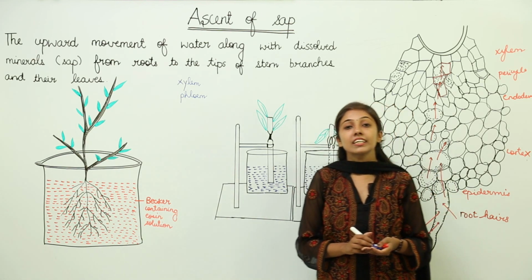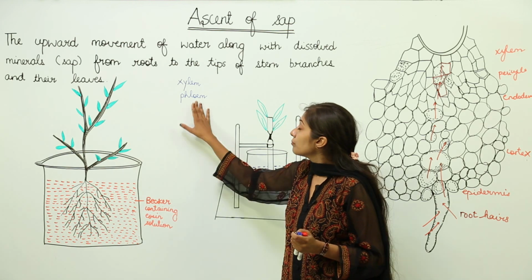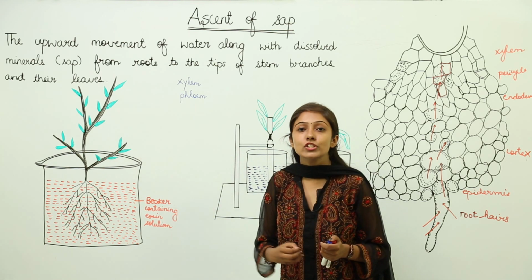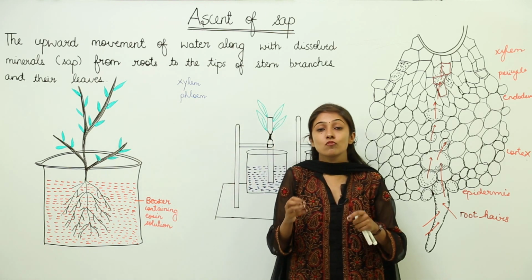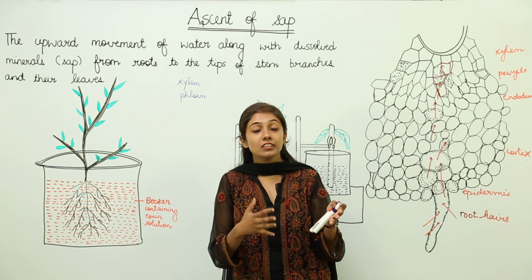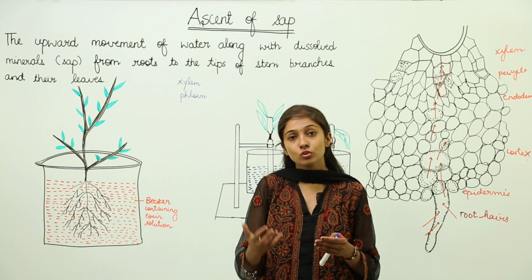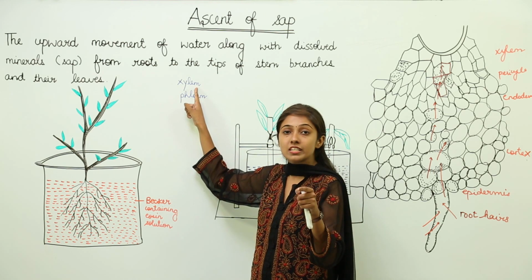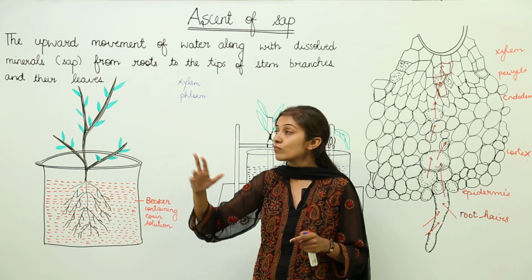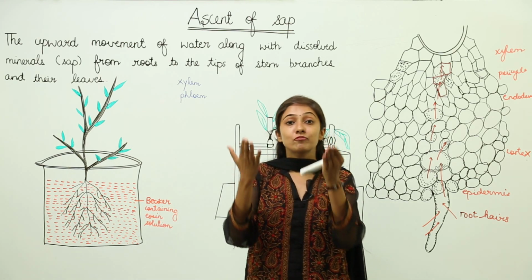Xylem helps in the conduction of water and minerals, and phloem helps in the translocation of food. Now in case of xylem, the water and the minerals, the sap, is absorbed through the roots. So in this case the movement is in upward direction. In case of xylem, the movement is unidirectional, means in a single direction, that is upward direction.